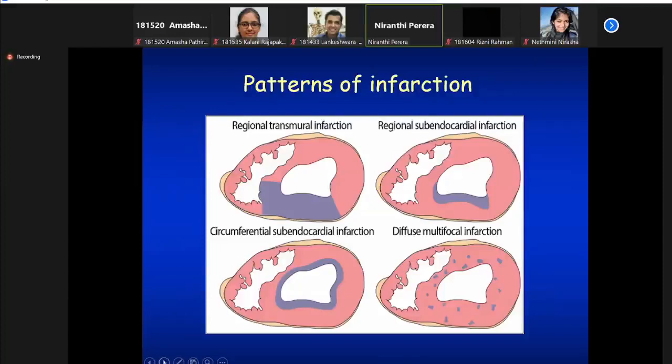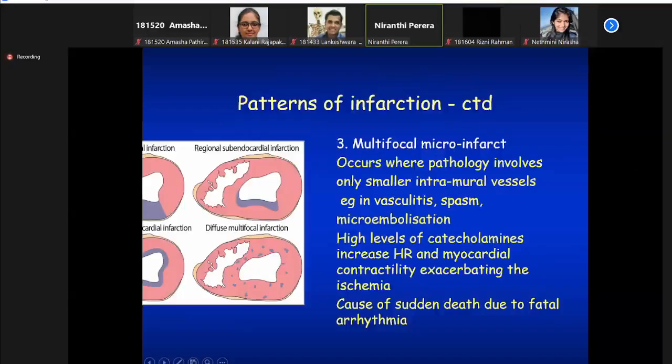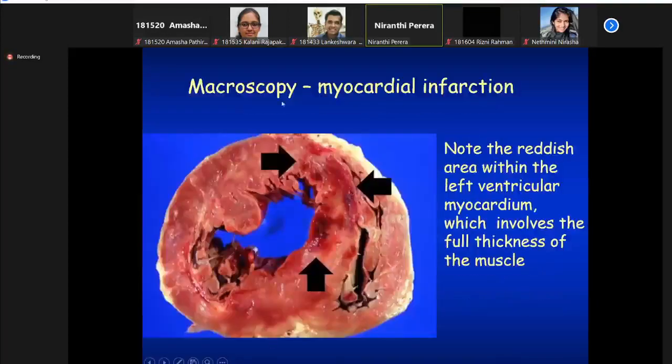Then what else? Multifocal microinfarcts occur where the pathology involves only small intramural vessels, like vasculitis, spasm, microemboli. Okay, here's a macro. Here's your left ventricle, here's the right ventricular wall, and here's the lumen of the right ventricle.